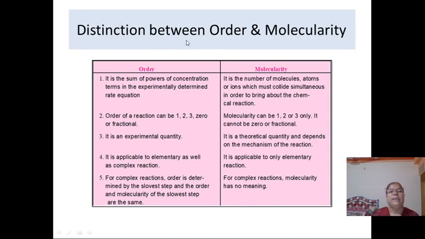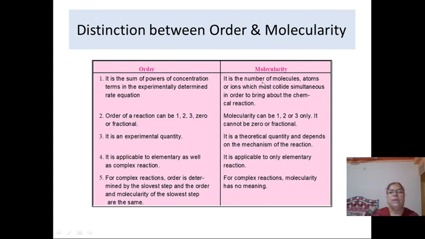Then we can distinguish between order and molecularity of the reaction. Here order is the sum of powers of concentration terms in the experimentally determined rate equation.